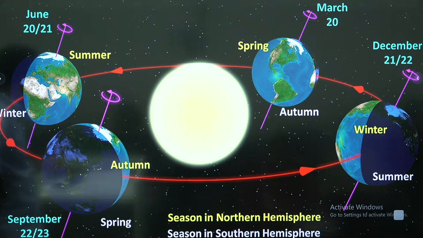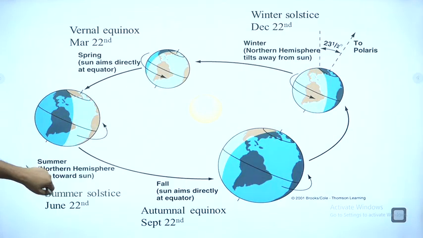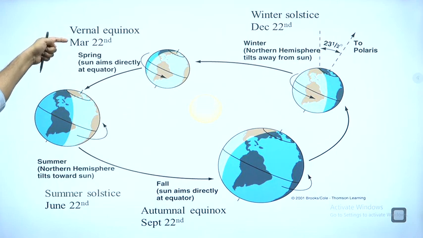Done? Okay. You can also add these points: the March equinox is also called the vernal equinox, and the March equinox is also called the spring equinox.